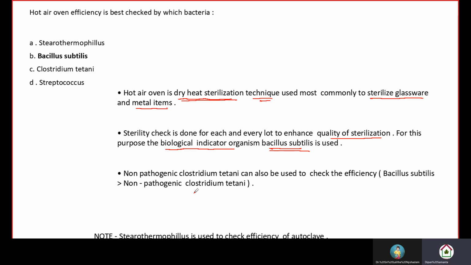Non-pathogenic Clostridium tetani can also be used to check the efficiency, but Bacillus subtilis is much better than non-pathogenic Clostridium tetani.